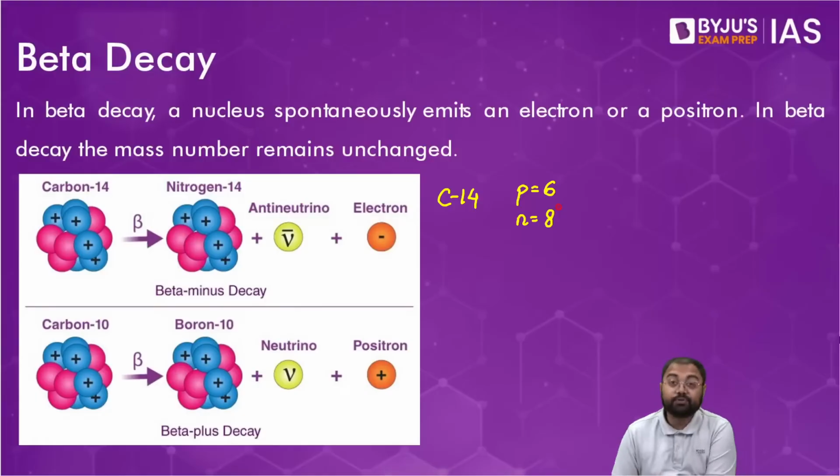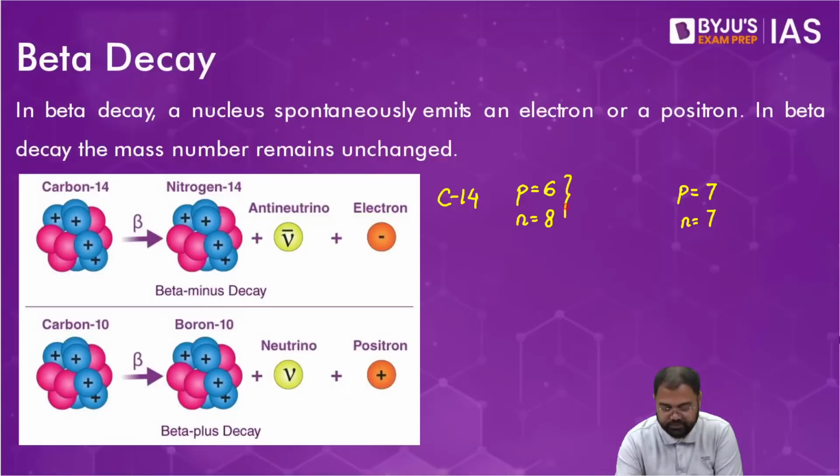For stability, how many protons and how many neutrons do you need so that it becomes stable? The number of protons and neutrons is not the same. Now a rearrangement will happen in a manner that the numbers become equal. So this is 14, and this will also remain 14.